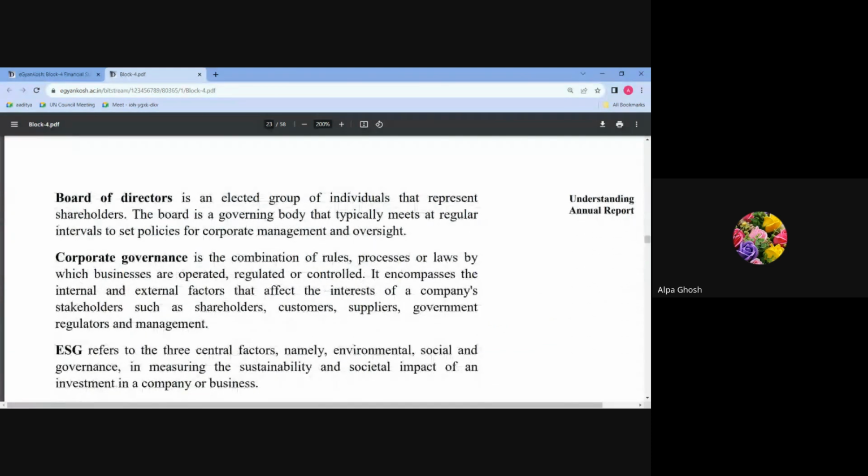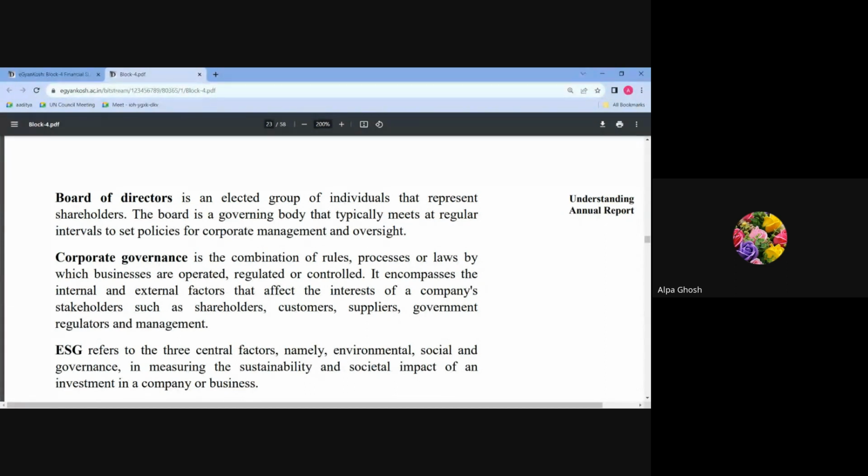Now, who are the board of directors? What is corporate governance? And what is ESG? ESG is environmental, social, and governance. These three are used in measuring the sustainability and the impact of the company on society when the company invests in a business.